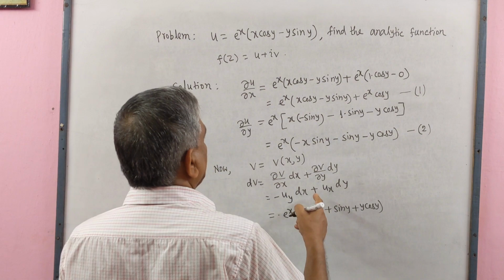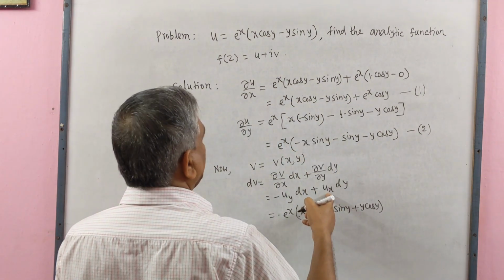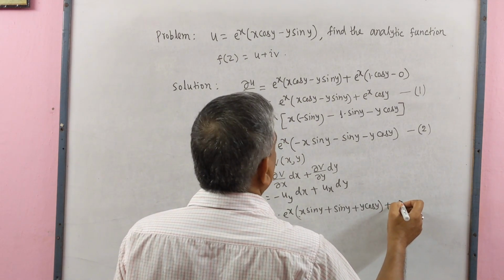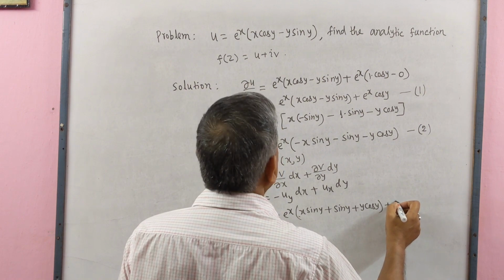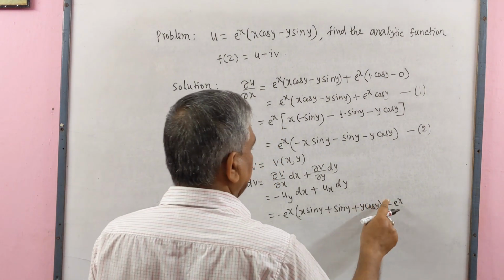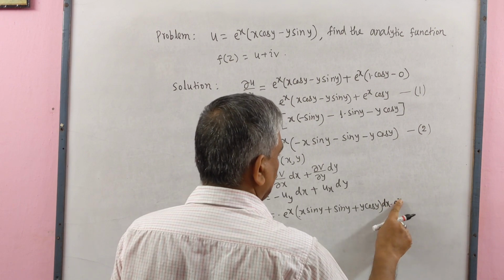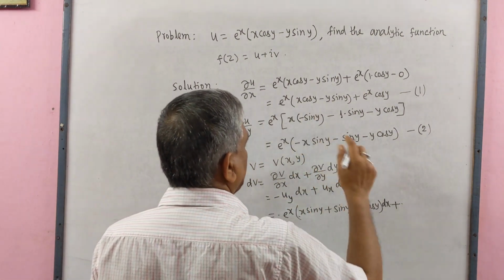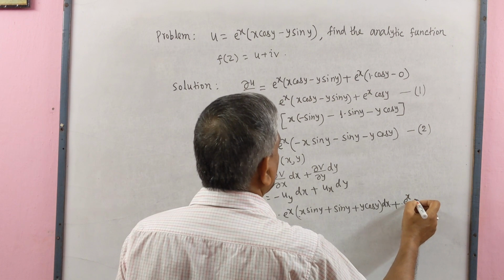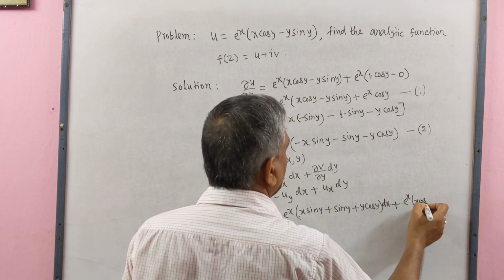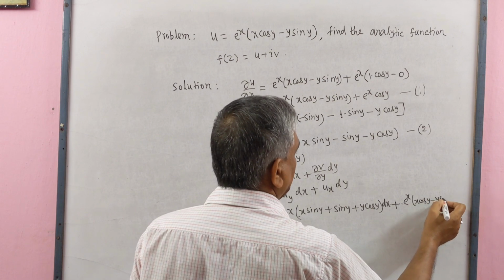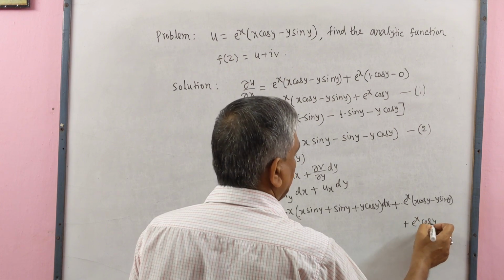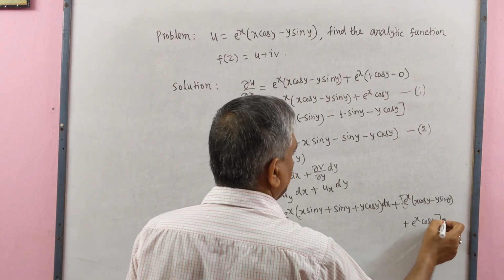This is uy, and ux is e^x (x cos y minus y sin y) plus e^x cos y, with dy.